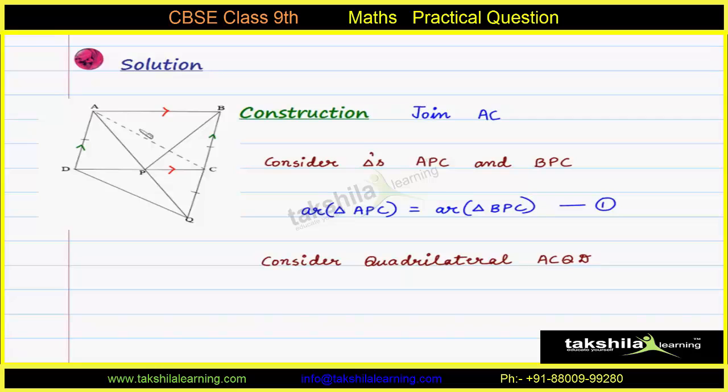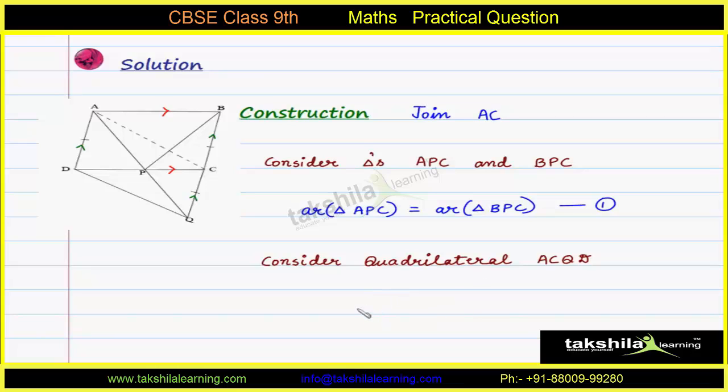Now in quadrilateral ACQD, we can see that AD is equal to CQ. That means these two opposite sides are equal. Also, we have proved that AD is parallel to CQ. And we know that if in a quadrilateral at least one pair of opposite sides is equal and parallel, then our quadrilateral is a parallelogram.